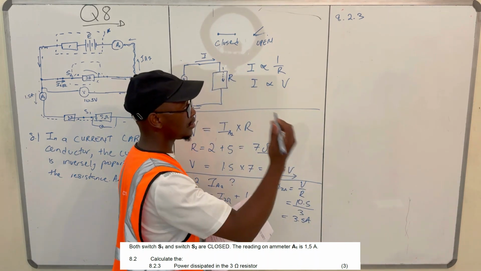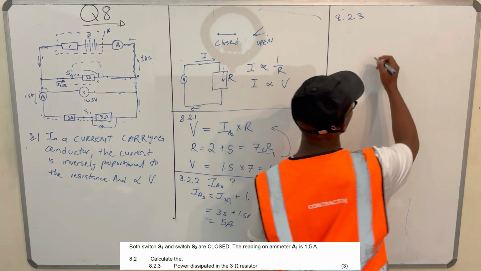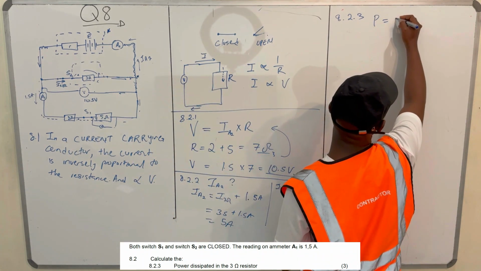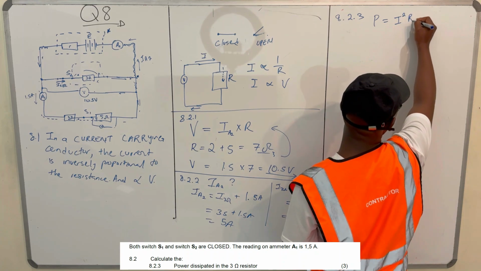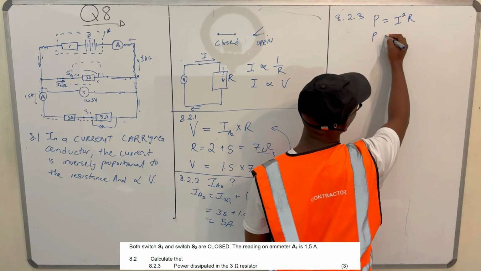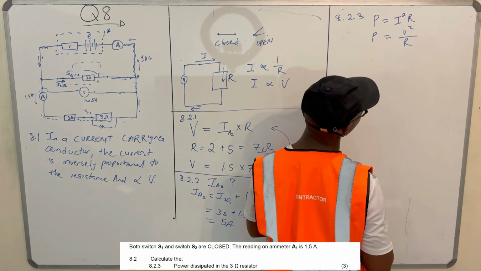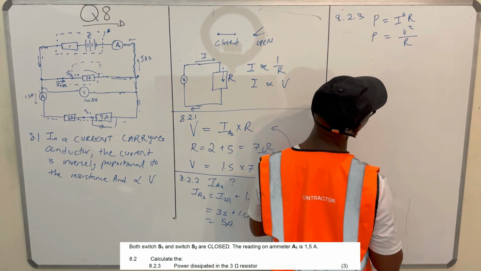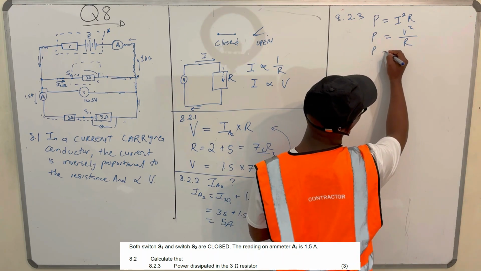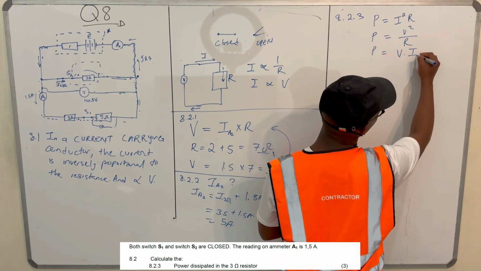Okay, there's various equations. The first one is this: power is equal to I squared multiplied by R. Second one is that power is equal to V squared divided by R. Right. The last one is power is equal to V multiplied by R.